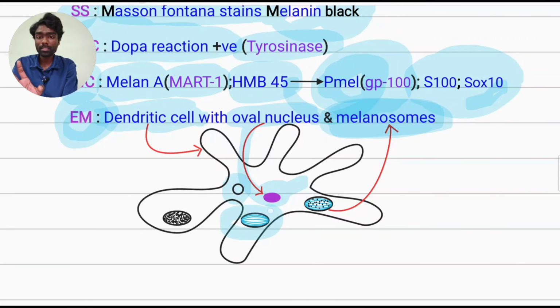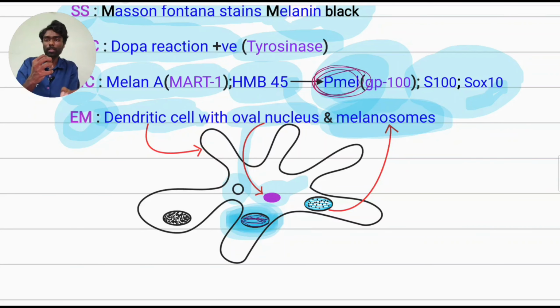Here you can see a scaffold-like matrix composed of longitudinally arranged parallel fibrils, which is mainly made up of protein, pre-melanosomal protein, that is PMEL. This is the structural framework upon which our melanin comes and gets deposited.